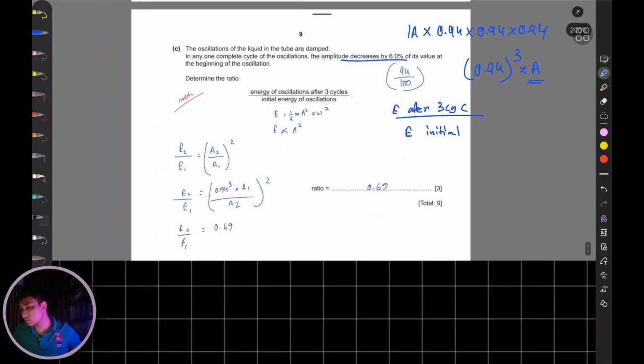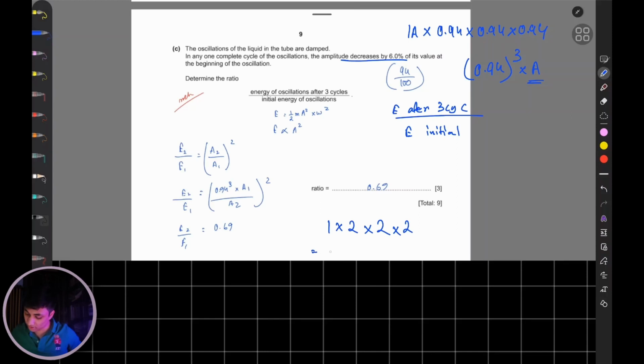Now, an easier way to understand this is by thinking with respect to an increase of something. If you have an amplitude of 1 and after each oscillation the amplitude doubles, after 1 oscillation you have 2 meters, after 2 oscillations you multiply again by 2, that's 4, and after 3 oscillations you multiply by 2 again, it's going to be 8, right?